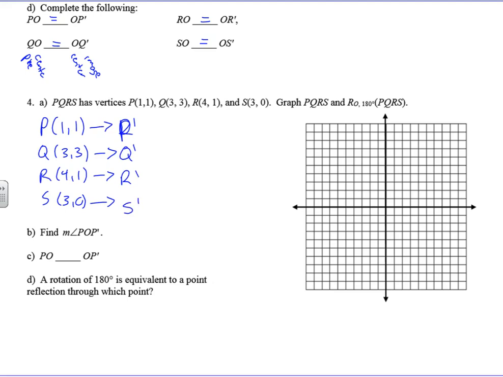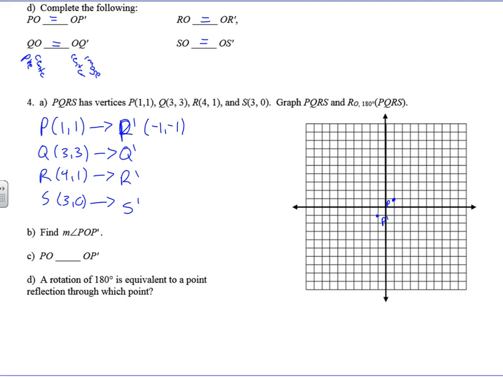Again, I'm going to plot these points. P. And if you want to do it one at a time, you could just stop here and turn it twice. When you turn it twice, you're going to find that P prime is negative 1, negative 1. That's going to be point P prime.